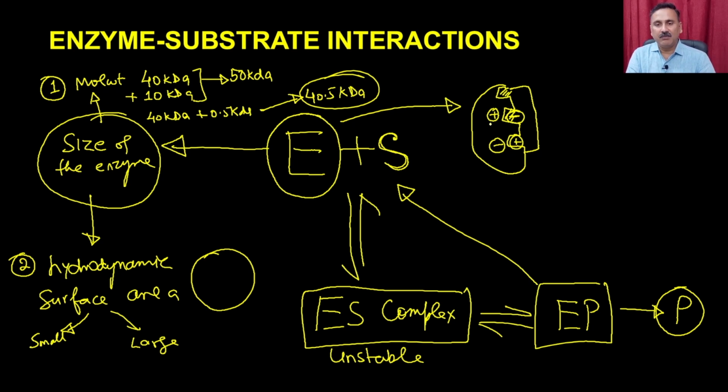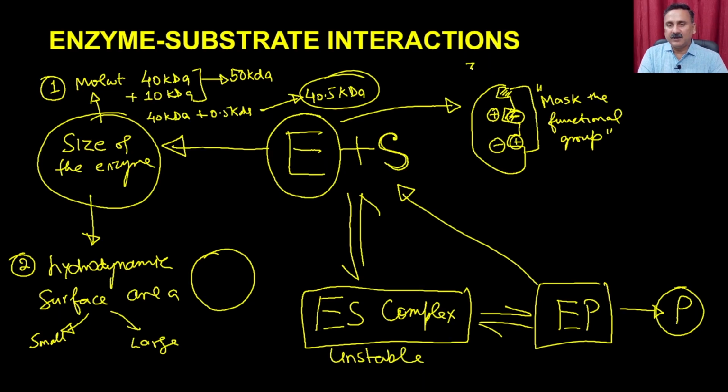It is going to mask the functional groups on the enzyme. So it is going to change the mass of the functional group. This means it is going to change the surface chemistry.